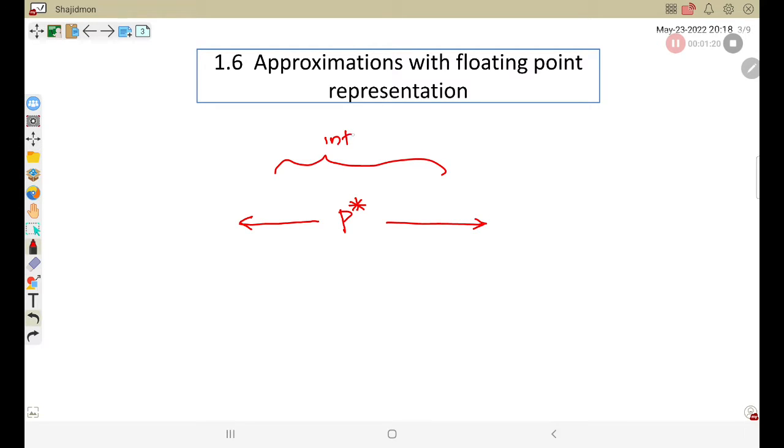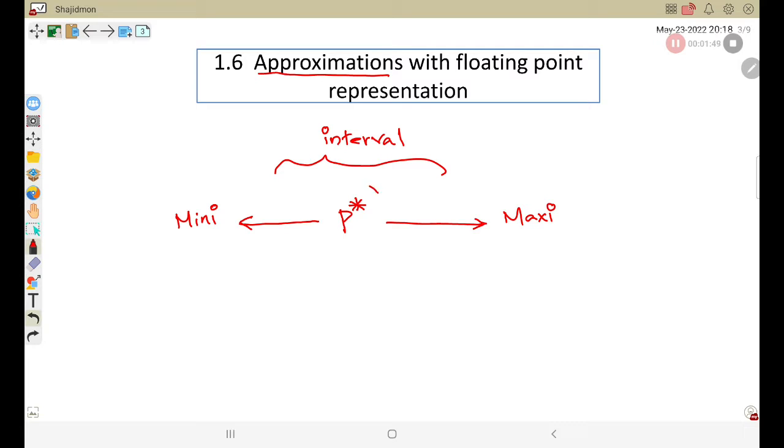We need to calculate the approximate value, that means the interval containing the p star value: what is the minimum value, and what is the maximum value that p star can take. This is the heading, approximations with floating point representation.